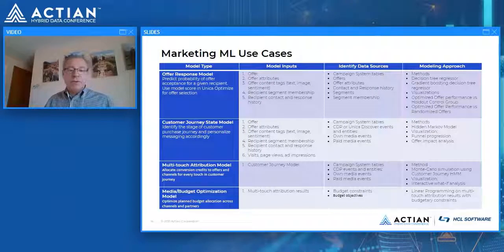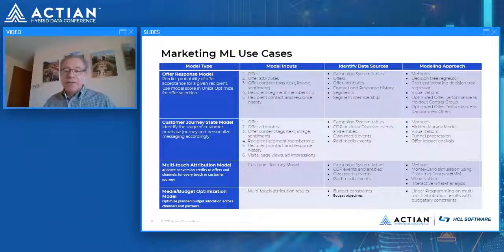Did we actually move the customer to the next stage in the journey? This could be the foundation of multi-touch attribution, or allocating credit to different channels and contacts within the journey. And ultimately, if we're successful with multi-touch attribution, we can help marketing users to optimize their budget and allocate their marketing spend in a way that maximizes returns.